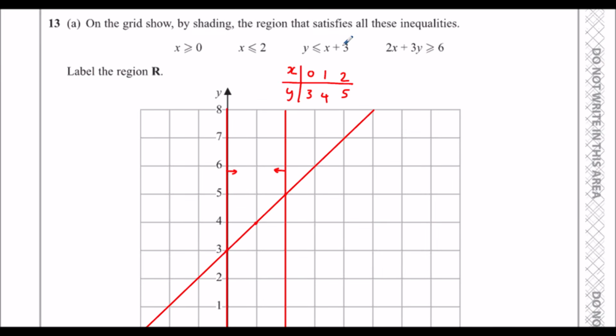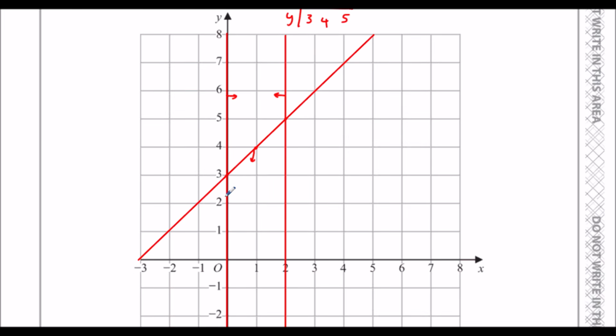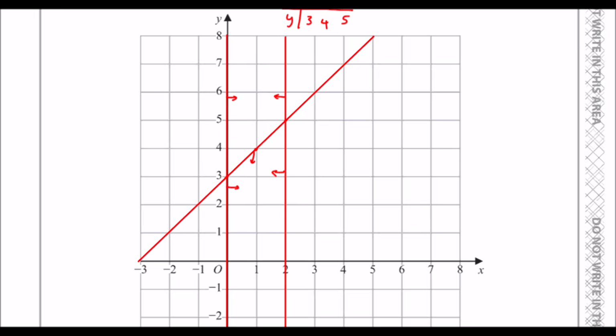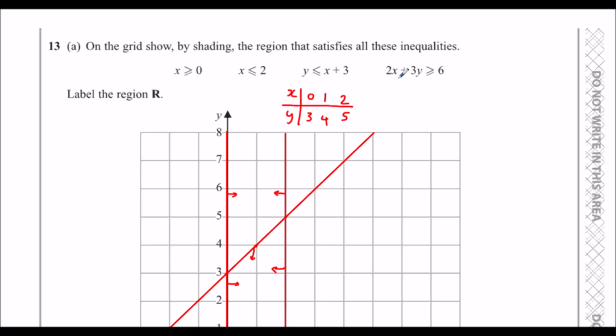And y is less than that, so y is lower going down, so it's this side of this line. And the last one, 2x plus 3y is bigger than or equal to 6. So again, we need to draw some points on this line. Let's do when x equals 0.